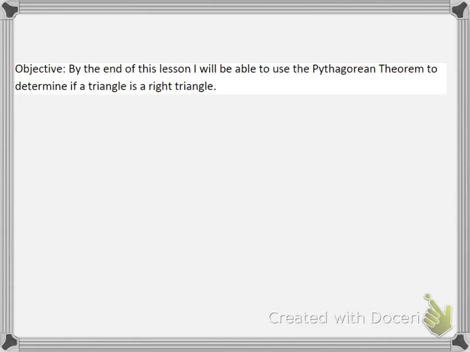The objective for this station is by the end of this lesson, I'll be able to use the Pythagorean theorem to determine if a triangle is a right triangle. Our EQ, I'll write that down.